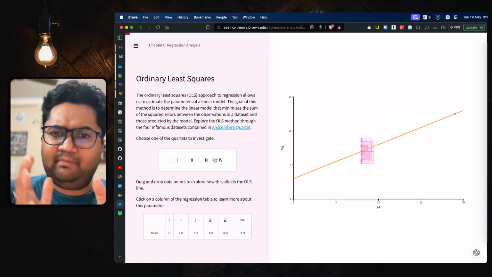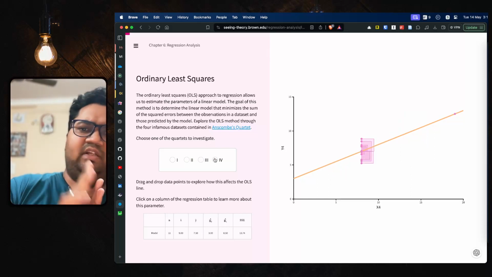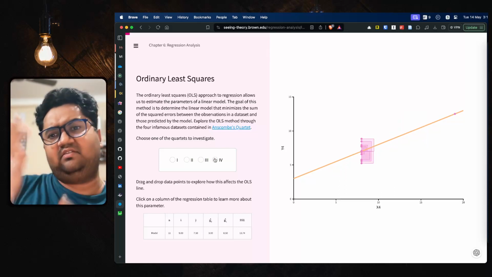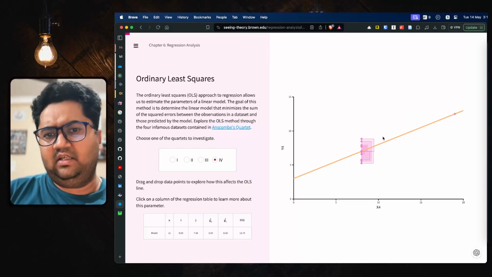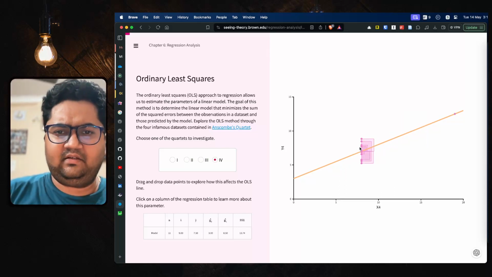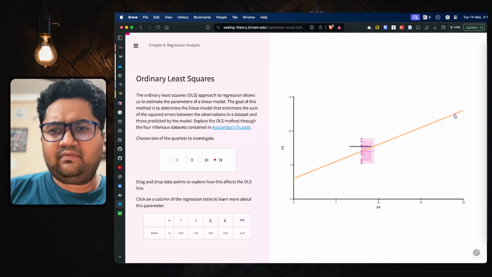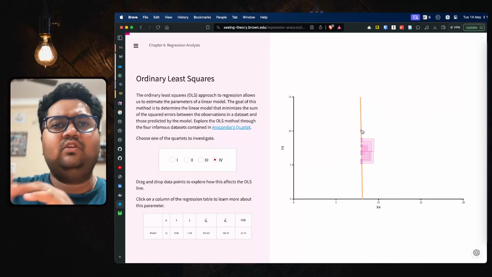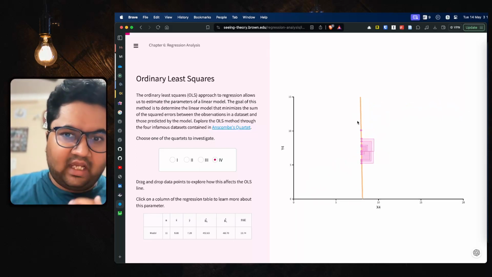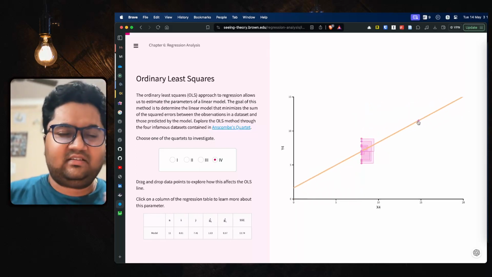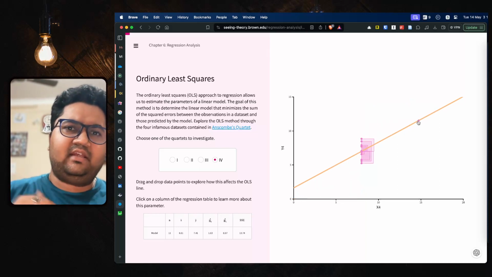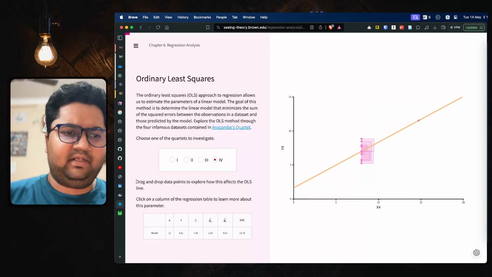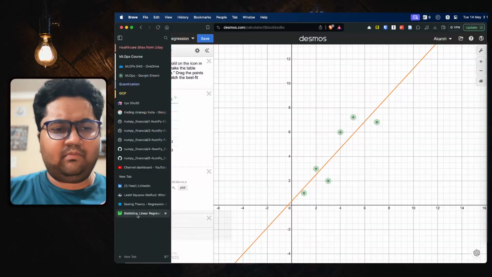However, this is a really bad example where you have one extreme outlier data point sitting far away, and all of these points are centered around here. The line of best fit could probably have been this if we could ignore that outlier. So the idea that OLS suggests is you try and find a line of best fit. How do we do that? We'll talk about it in future videos.